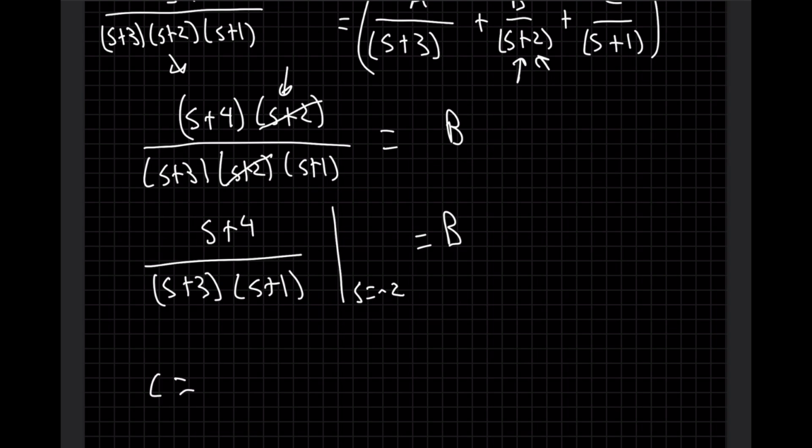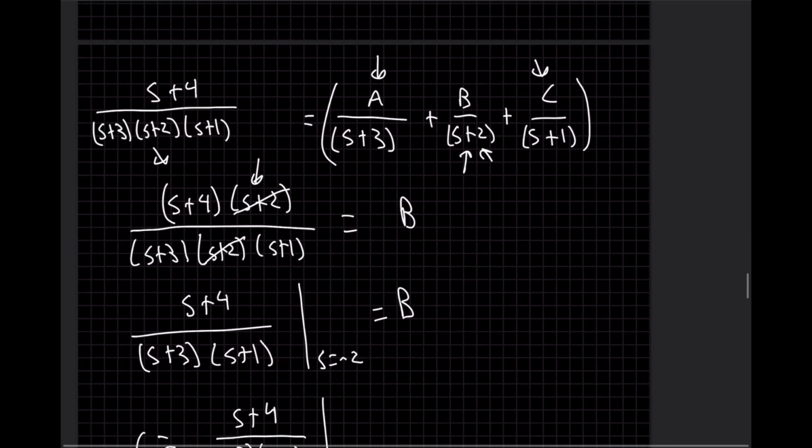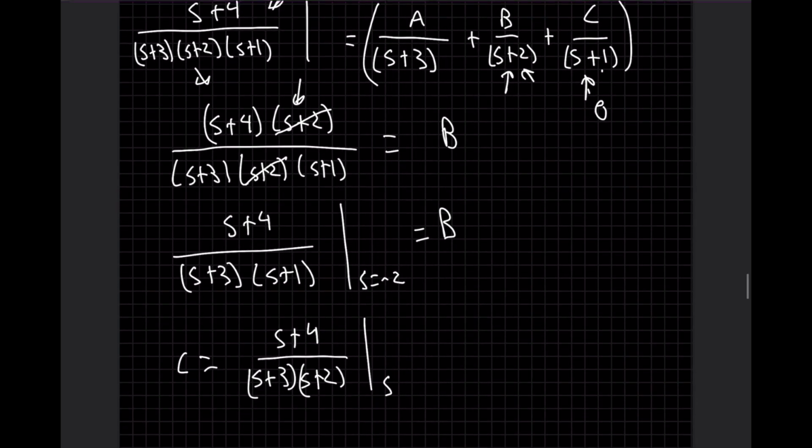C is equal to s plus 4 over s plus 3 times s plus 2. You can think about just removing the denominator that's the coefficient you want, and then evaluating at what makes that equal to 0. So we're going to evaluate here at s equals -1, and that's equal to C.